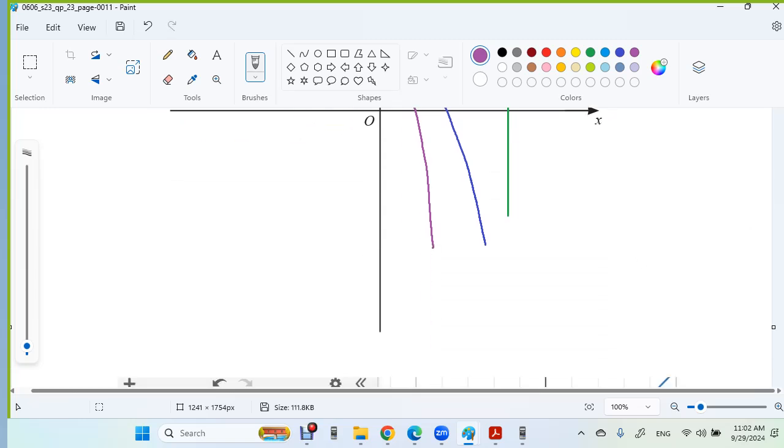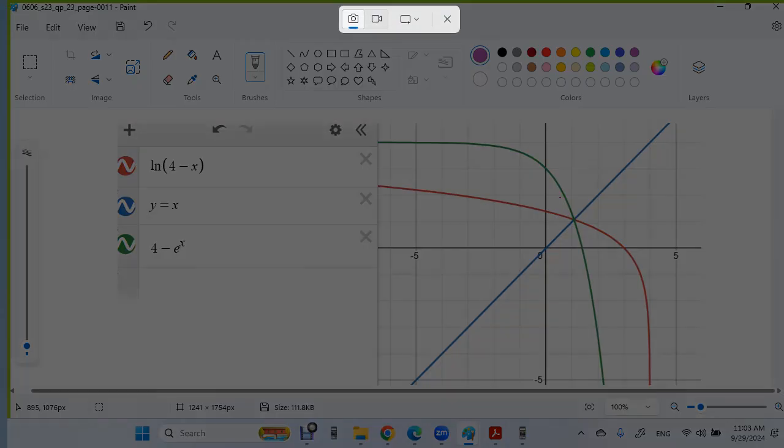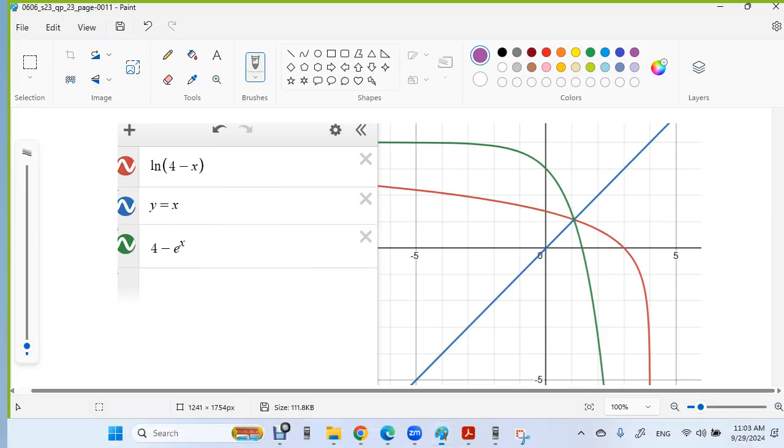Reflected in the line y equal to x should be something like this. Okay, the answer given by the answer scheme looks like this.